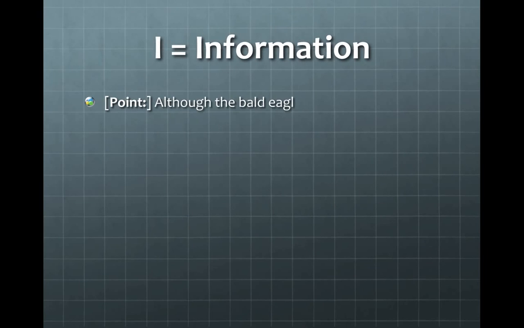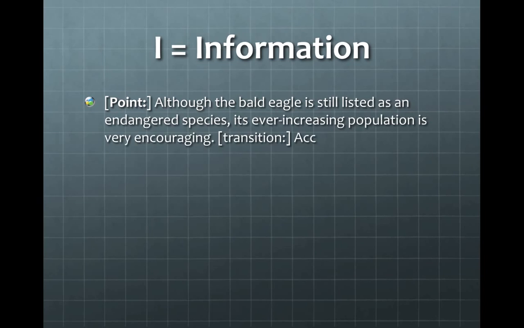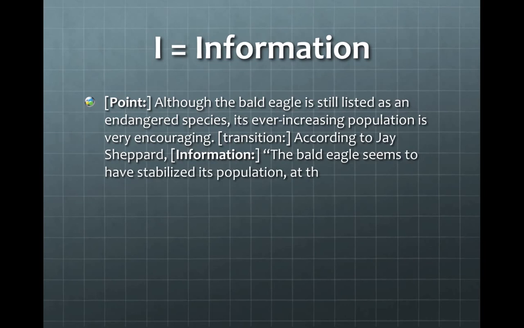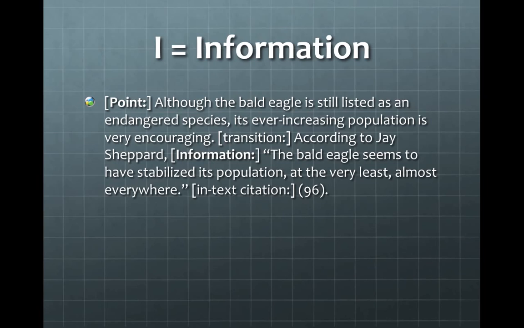So let's return to that example. To review, the point was, although the bald eagle is still listed as an endangered species, its ever-increasing population is very encouraging. Then the very next sentence is signaled by a transition, which is also a way of introducing a quote, which I have commented on in many of your essays.